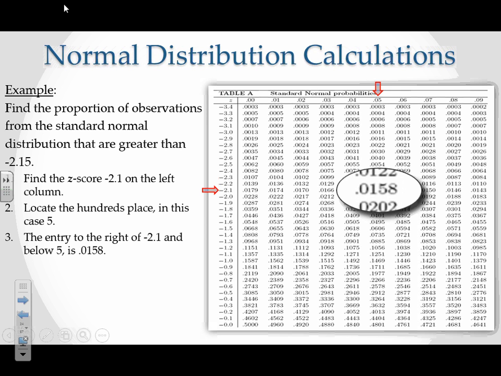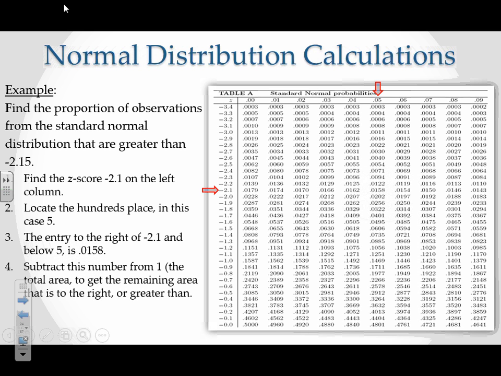There's where that main idea of density curves comes into play. The area underneath is always 1. So if I know how much area is to the left of a certain value, if I subtract from 1, that'll give me the area to the right of that value. So if I take 1 minus 0.0158, that will give me the area I want, which is to the right of my actual value.